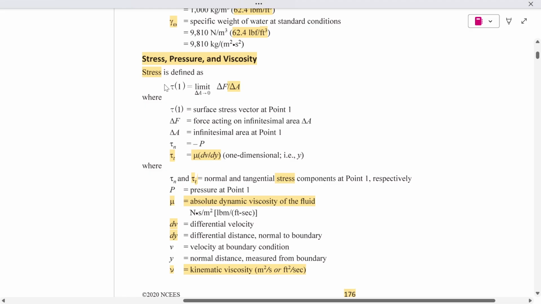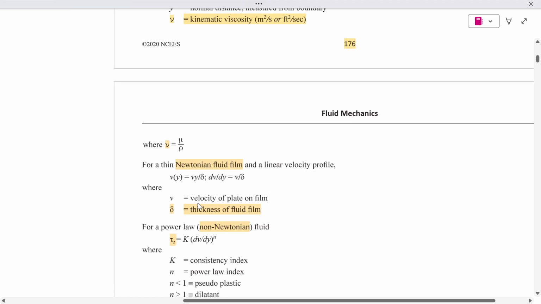Stress, as always, is almost synonymous with pressure. Change of force by change of area. Okay, same thing. Let's see, next page should be.